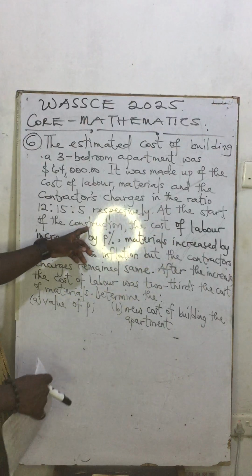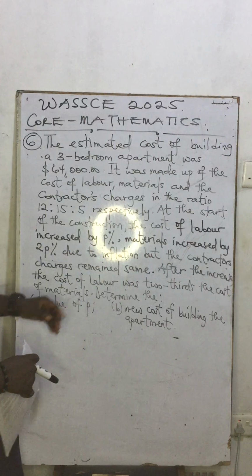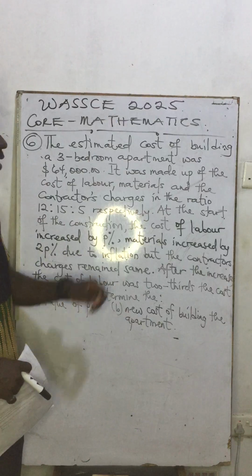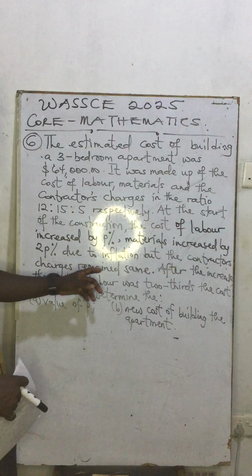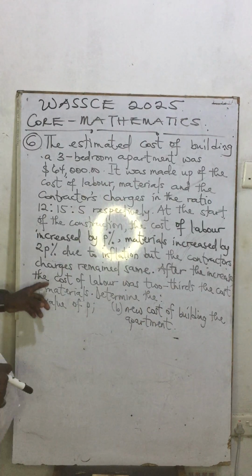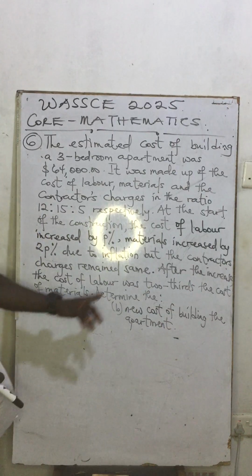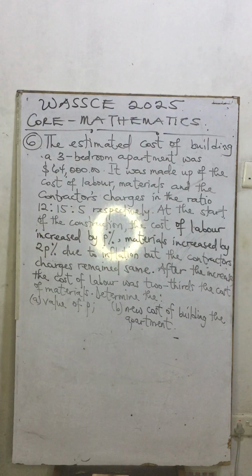At the start of the construction, the cost of labor increased by P%. Materials increased by 2% due to inflation, but the contractor's charges remained the same. After the increase, the cost of labor was 2/3 the cost of materials. Determine the value of P, and the new cost of building the apartment.